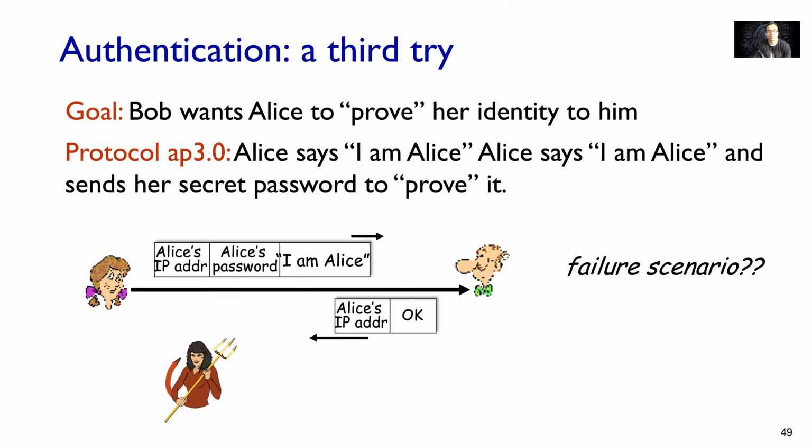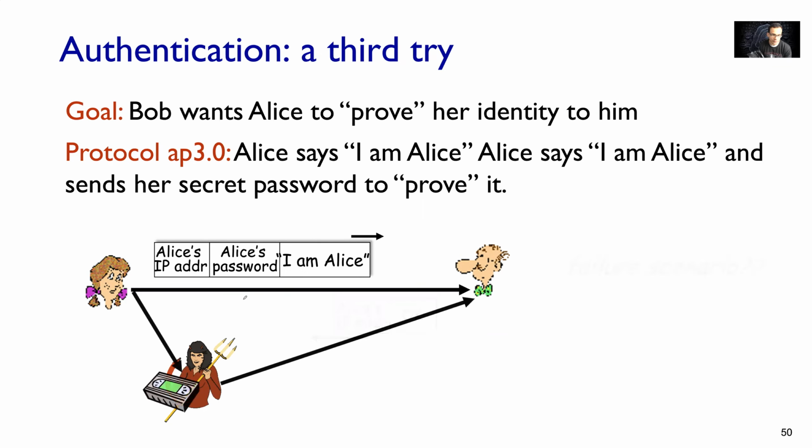So when Bob receives this, and assuming that only Alice and Bob know this password, then Bob can be assured that this is Alice, because the source IP matches Alice's source IP. The message contains "I'm Alice," and on top of that, it contains Alice's password, right?